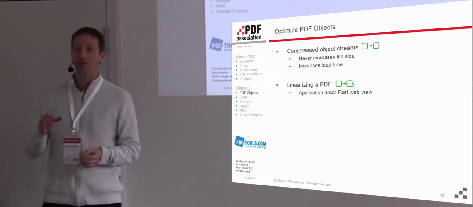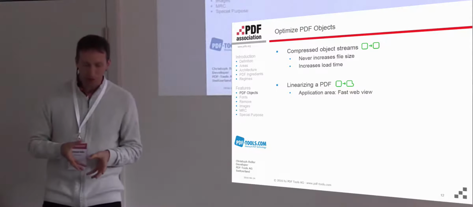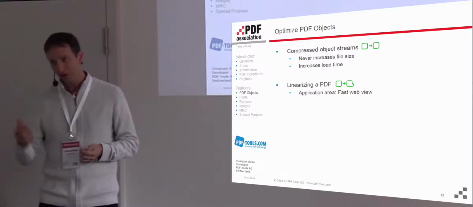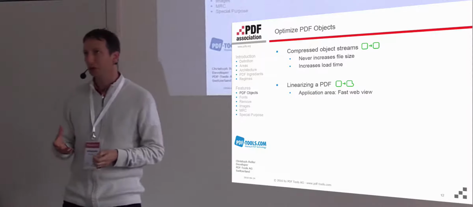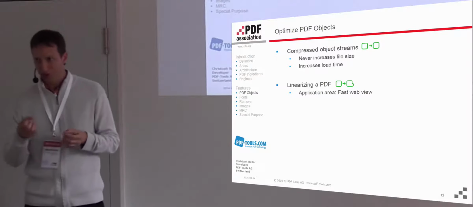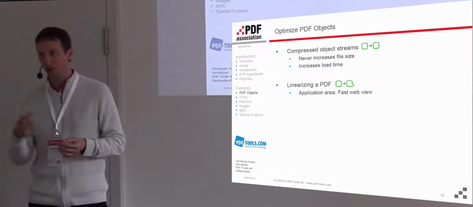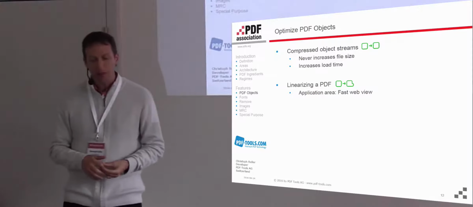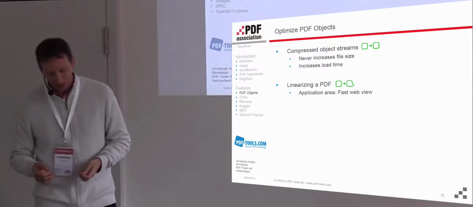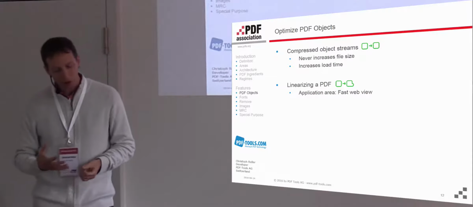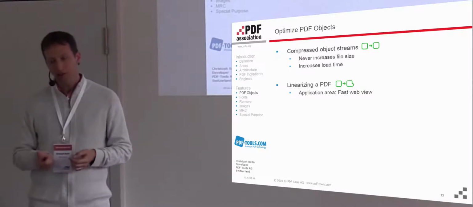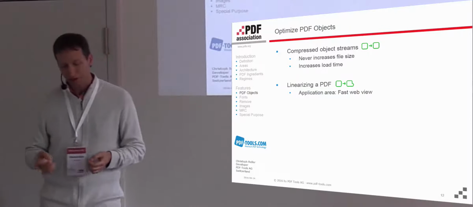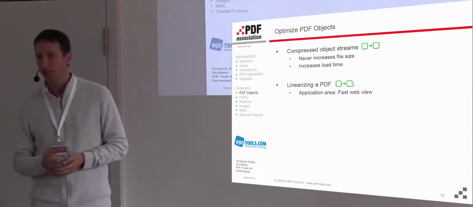Here the application is that if you serve your PDF over the internet, then the client should be able to, as quickly as possible, show that first page or maybe even more. And PDF has this feature of additional information inside the PDF that allows exactly for this.